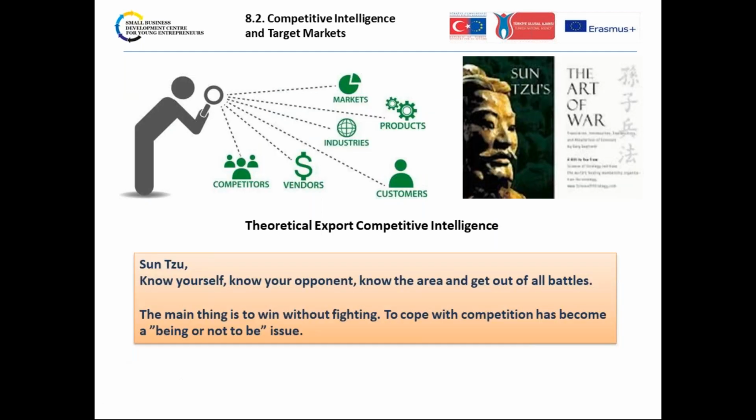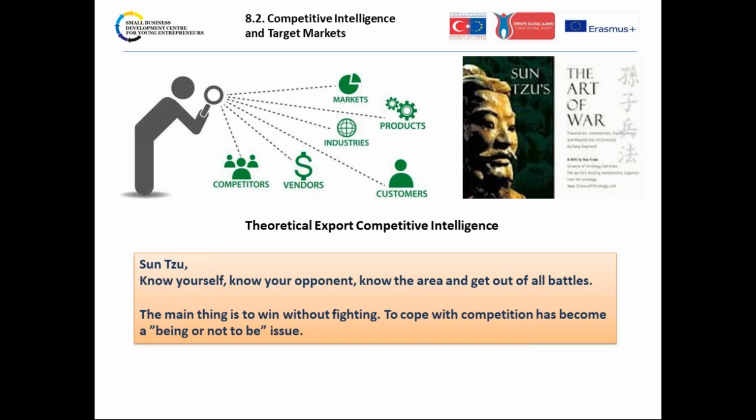So our next main title is competitive intelligence and target markets. I'm sure you're asking, what is this about Sun Tzu? Sun Tzu is a kind of big warrior, and he has written really good books. He is a very well-known person in the world, a good strategist in warfare. In this era, international trade is a kind of war, and you need to know yourself, but it's not enough.